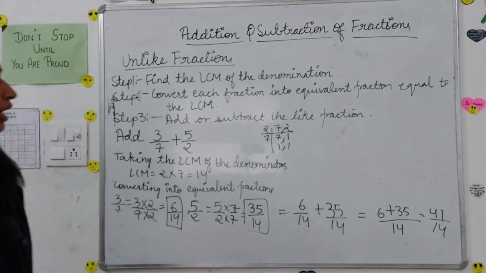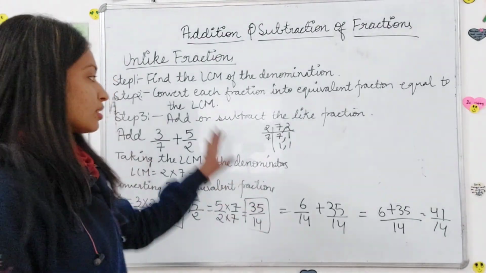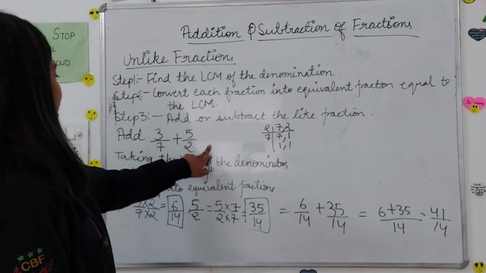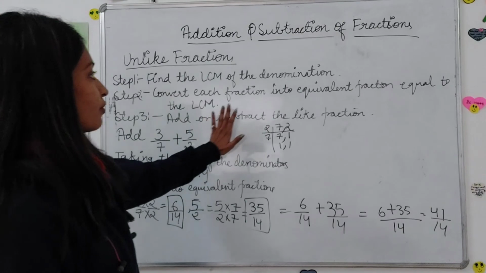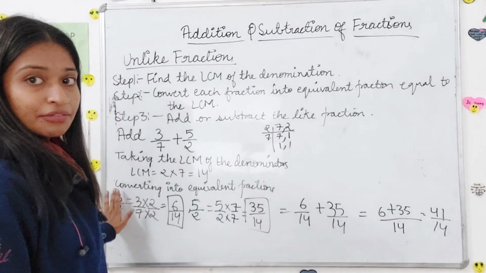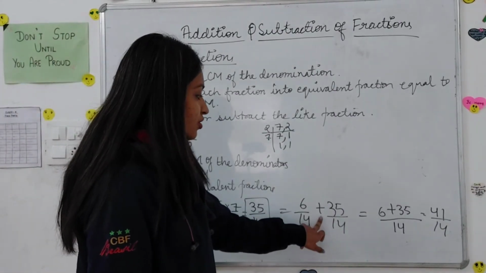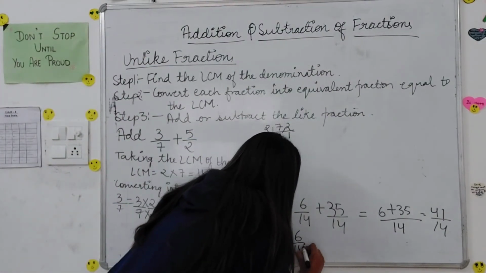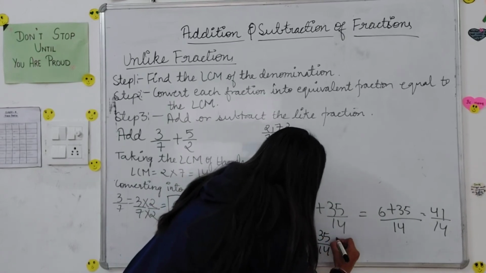And if we have to subtract unlike fractions, we follow the same steps till here. When we have to subtract unlike fractions, first of all we find the LCM of the denominators, then we convert the fractions into equivalent fractions like we did in addition of unlike fractions. And then we only change the sign here. Like for subtraction, what will we do? 6 upon 14 minus 35 upon 14.